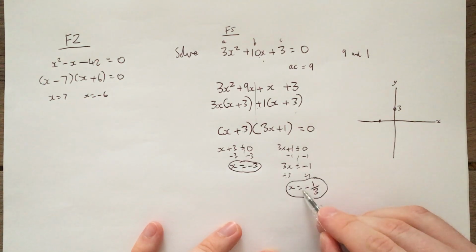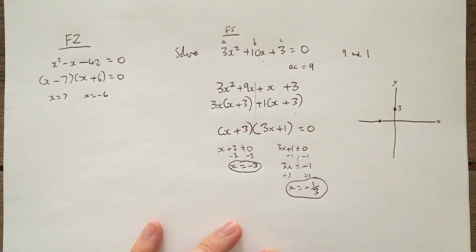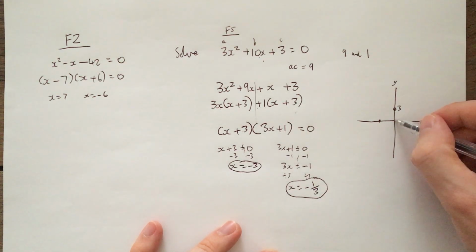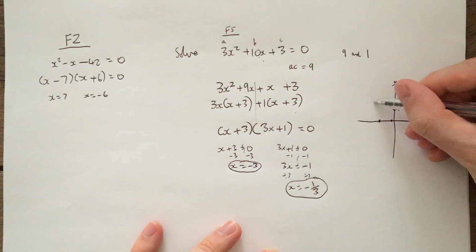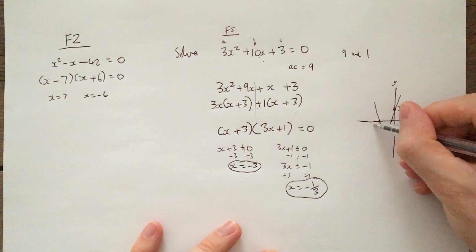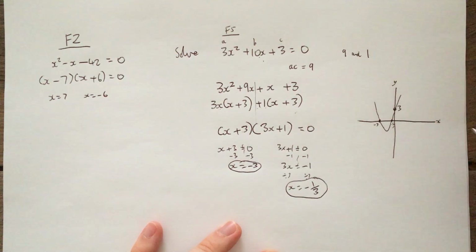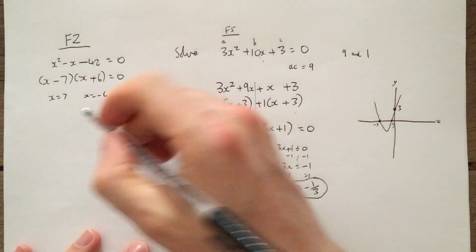And we know that x is negative 1/3. For those of you that need context of that, that's negative 0.33. So if that's negative 1 there, we're looking around here. And therefore, I think it would look a little bit like that. Okay? So that's negative 3 and that's negative 1 over 3. So that's the first example of F5.